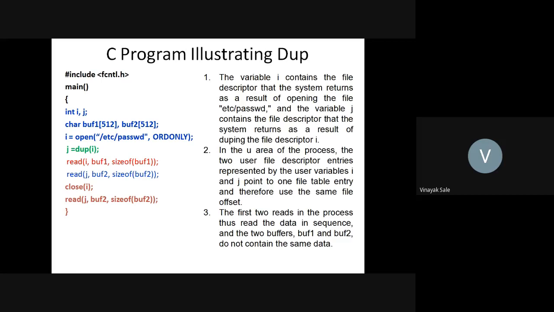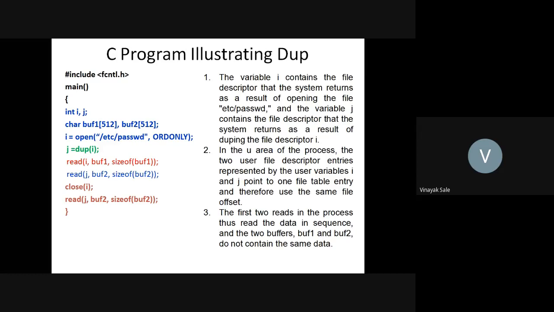In the user area of the process, the two user file descriptor entries, represented by the user variables i and j, point to the same file table entry and therefore use the same file offset.